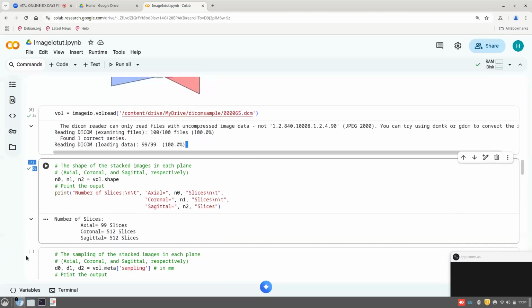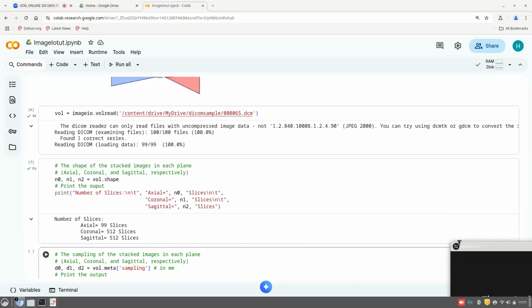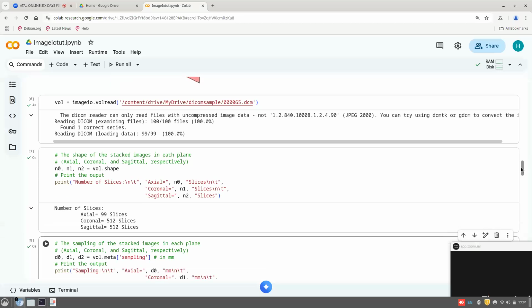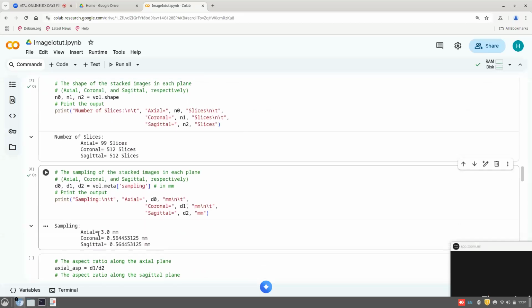If you look at the aspect ratio, you can programmatically calculate here. So the axial plane, the slice thickness is 3 mm. Of course, it will be higher because there are only 99 slices. For coronal plane and sagittal plane, the slice thickness is 0.56 mm, because there are more number of slices.